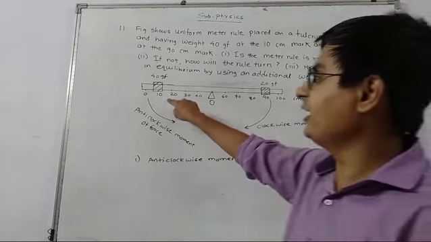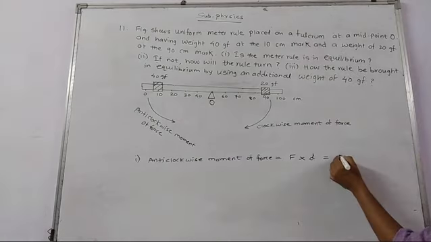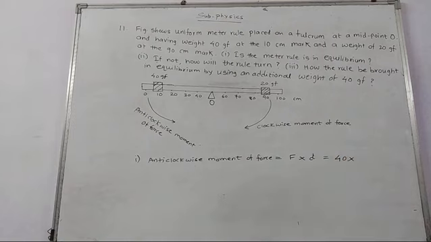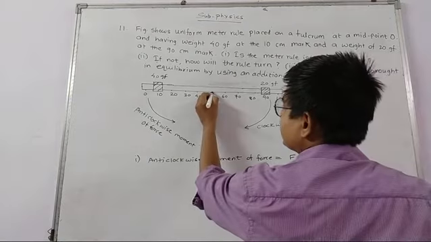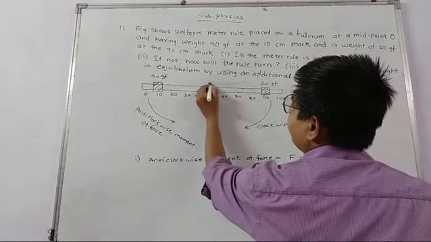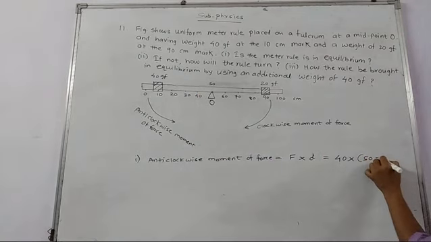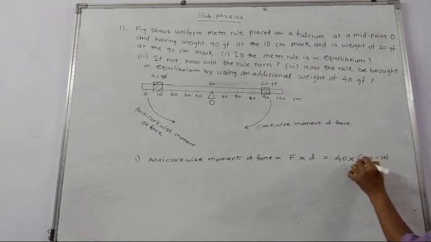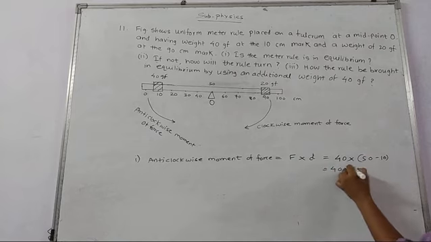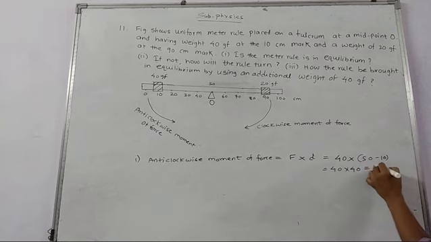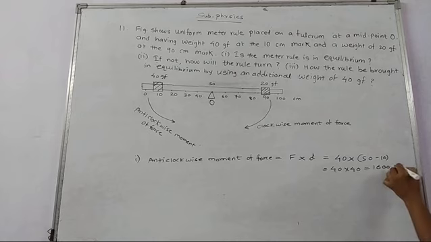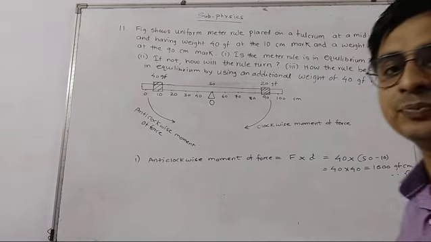The force, that means the weight added, is 40 GF, multiplied by the distance. The center is at 50, so it is 50 minus 10, that is 40 into 40, answer is 1600 GF centimeter. That is our anti-clockwise movement of force.